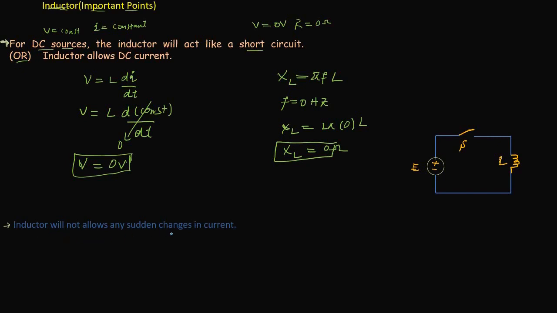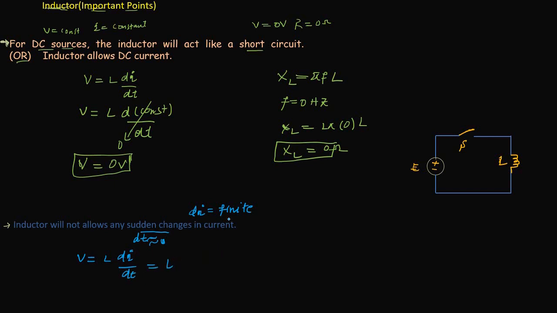the inductor will not allow any sudden changes in current. By sudden changes, we mean that the rate of time is equal to or approaching 0. So by a sudden change in current, we mean that the change in current is finite. As we know, for an inductor, the induced voltage is equal to L di divided by dt.